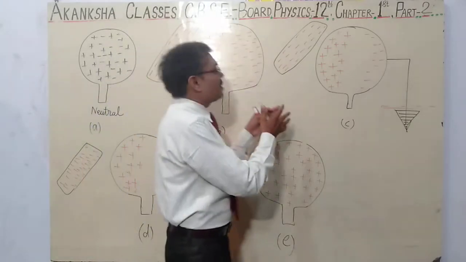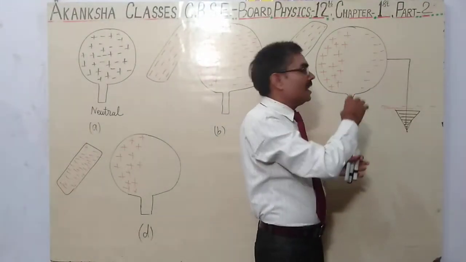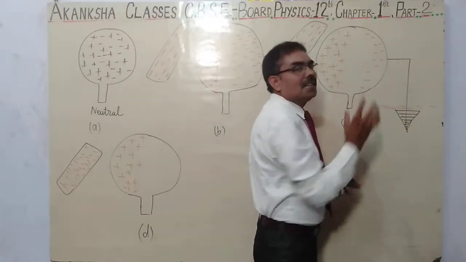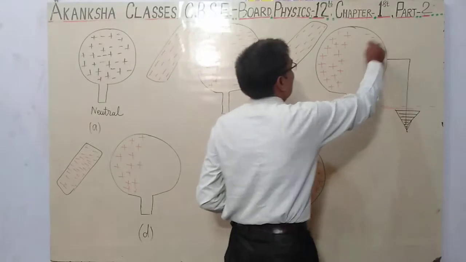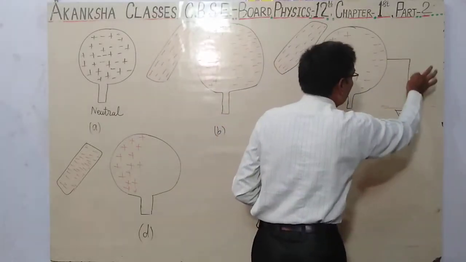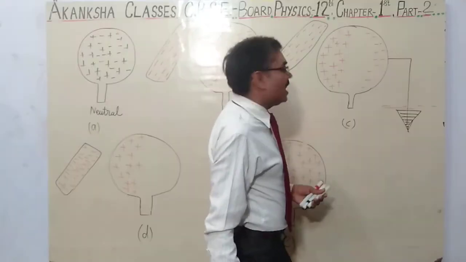In the third position, if we connect the metallic sphere to the ground, the negative charges start flowing through the metallic wire to the ground, because ground is said to be the ocean of electrons.